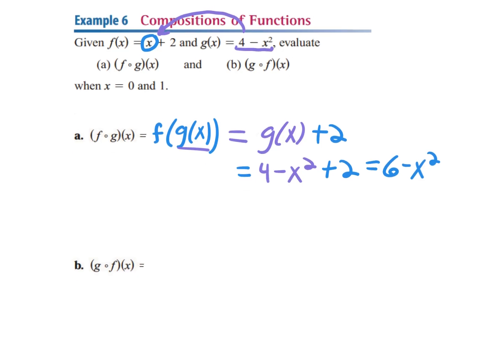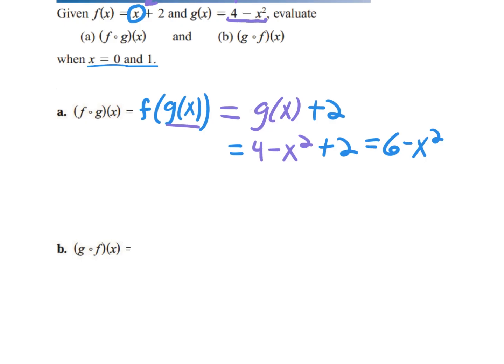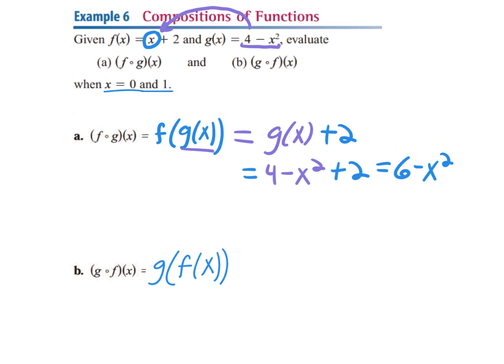All right, we can find these individual values later at 0 and 1, but for now I want to find g composed with f of x. So again, this is the same as g with f of x on the inside. That means now you're going to take this function f of x, x plus 2, and put that into the x that's in g of x.